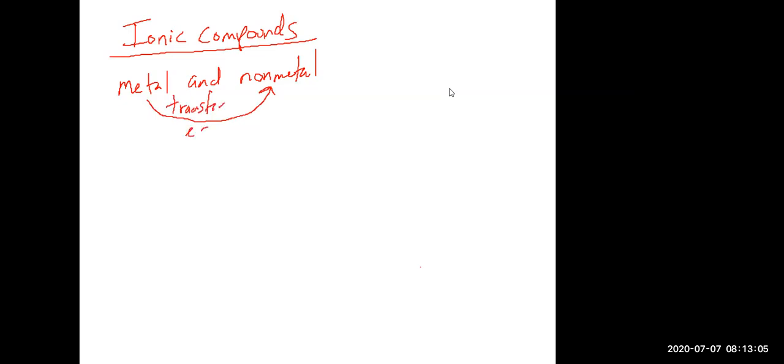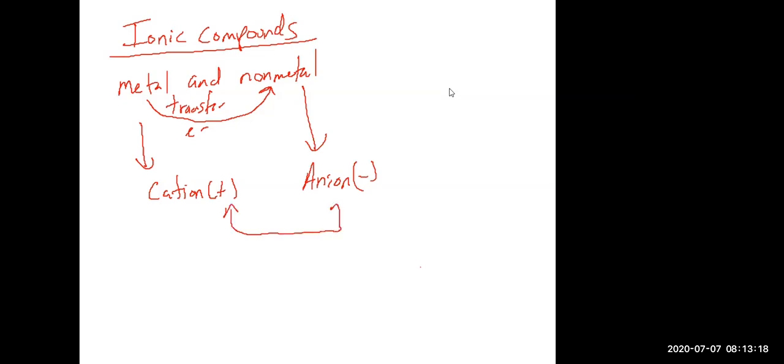For the metal, that creates a cation, which is positively charged, and for the non-metal it creates an anion, which is negatively charged. Again, it's that electrostatic attraction that holds it together, and no sharing of electrons in this deal.